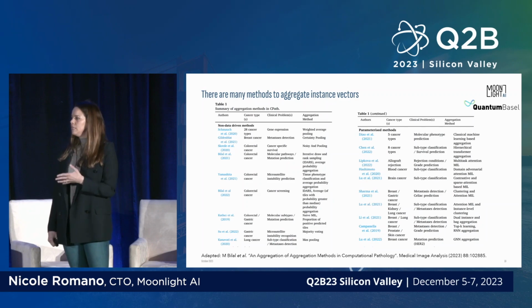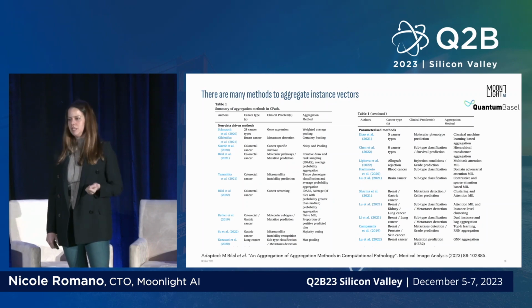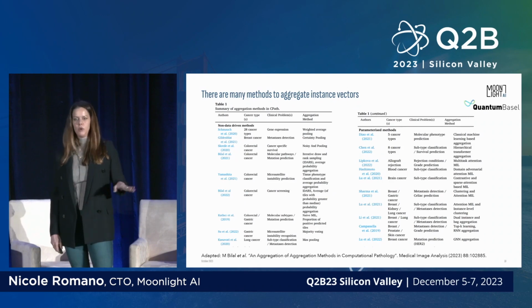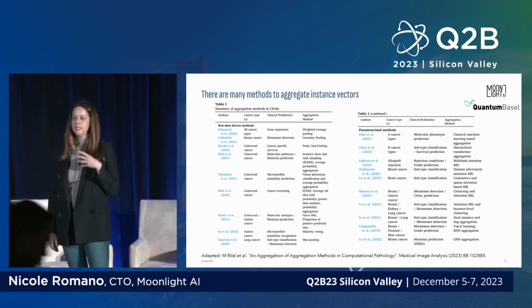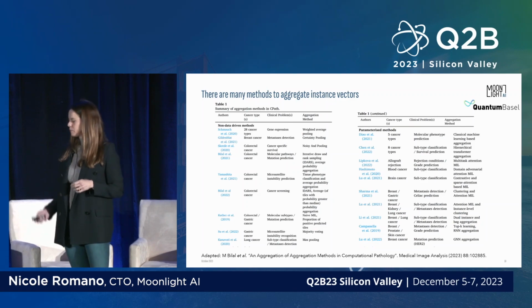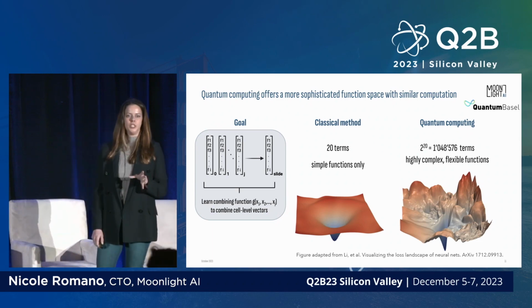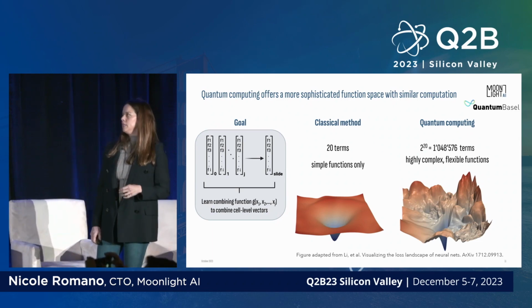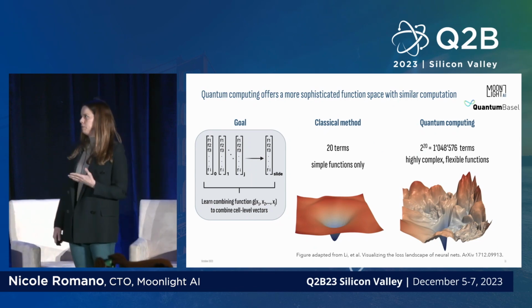So for instance, it might learn that certain cell types, as defined by the content of their feature vector, are to be ignored while others are to be prioritized. Or maybe certain elements in the feature vector indicate a visual property that's meant to be highlighted, and so that will be weighted more heavily. And so the attention mechanism is the inspiration for how we formulated this essentially race between classical machine learning and quantum computing.